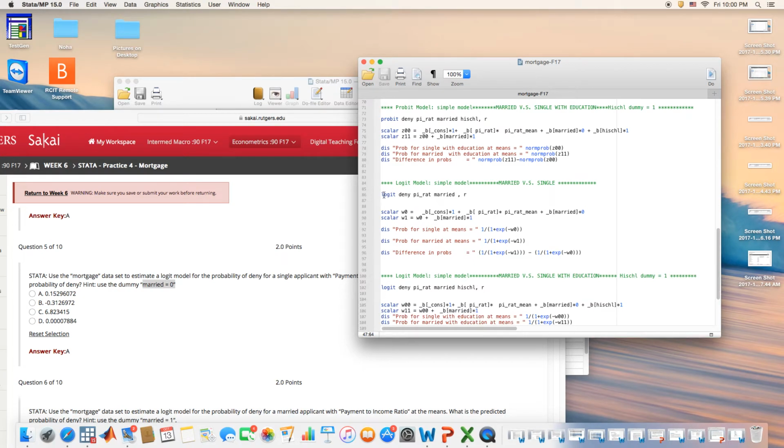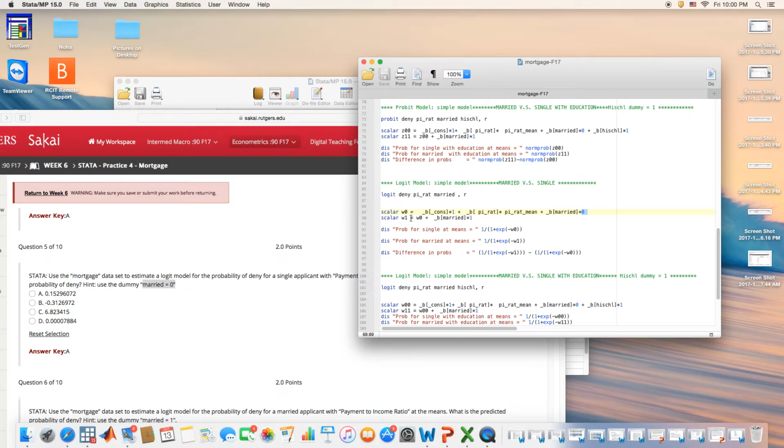I'm just having here a model, deny, payment to income ratio, married, and then robust standard error. We're going to create a scalar which is different in name than any other scalar before. And again, constant times 1, payment to income ratio at the mean as the question is asking, and then we're talking about a single person.